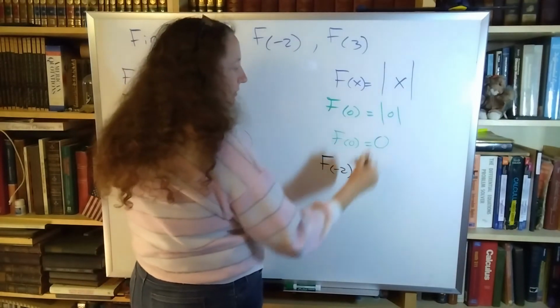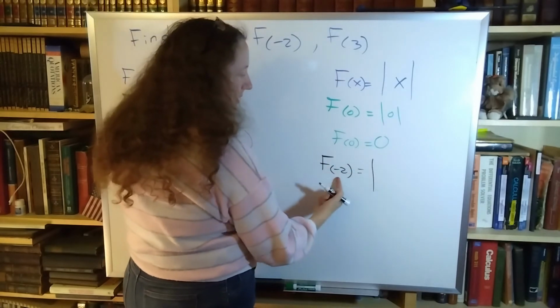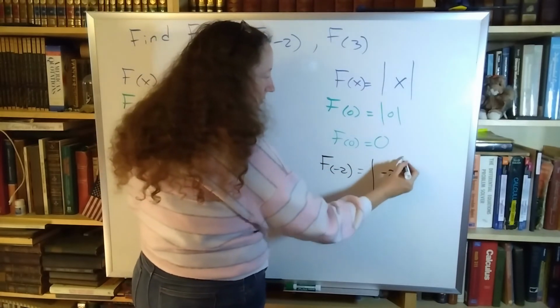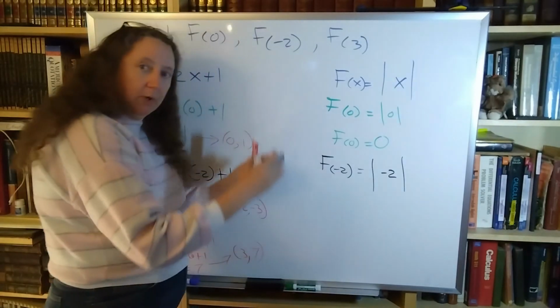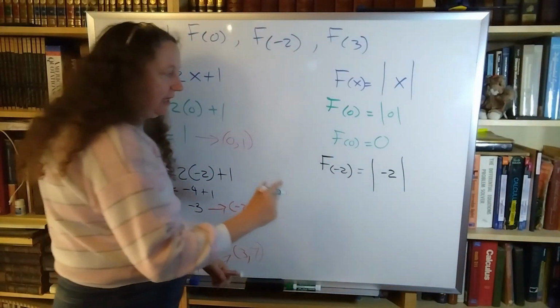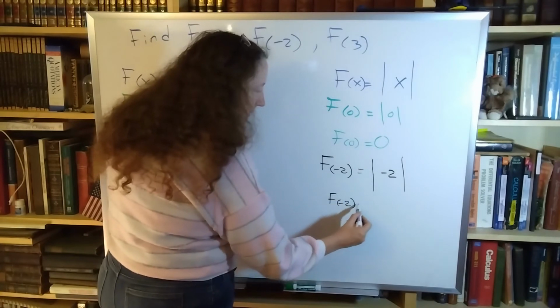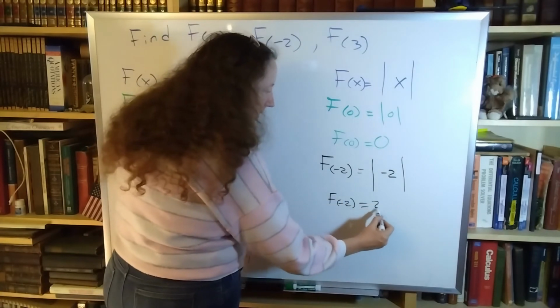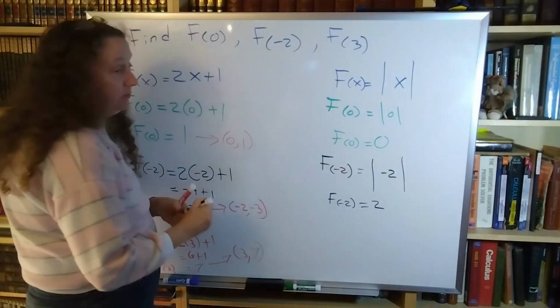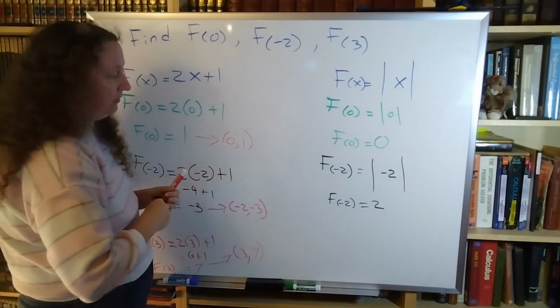I'm looking at the absolute value of negative 2. When I take my absolute value, I get rid of the negative sign, and I have f of negative 2 equals positive 2. Well, just plain 2. Not even positive, just plain 2.